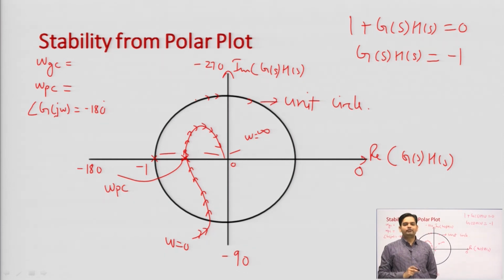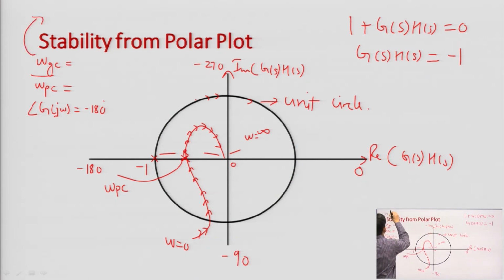The second term we need to determine is omega GC, the gain crossover frequency. It happens whenever the mod of G(j omega) or G(s)H(s) is equal to 1, where my magnitude plot is going to 1, at the intersection of the unit circle and this polar plot.